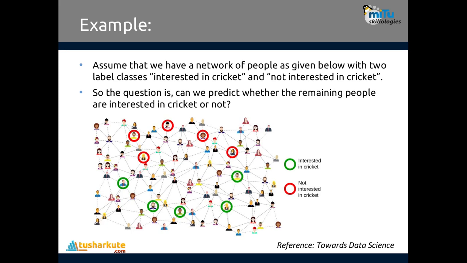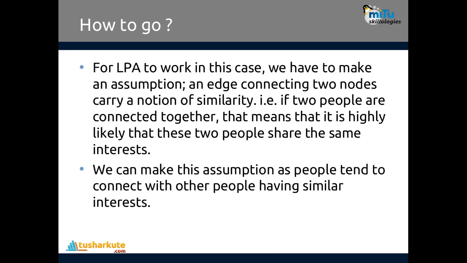Now, how the LP algorithm will work to perform this operation, that we are going to see now. For LPA to work in this case, we have to make an assumption: an edge connecting two nodes carries a notion of similarity. That is, if two people are connected together, it is highly likely that these two people share the same interest.